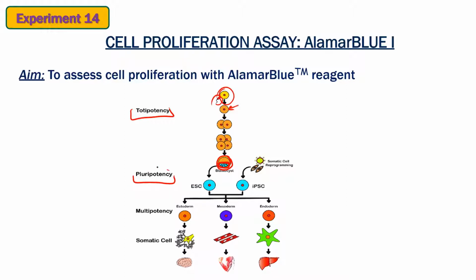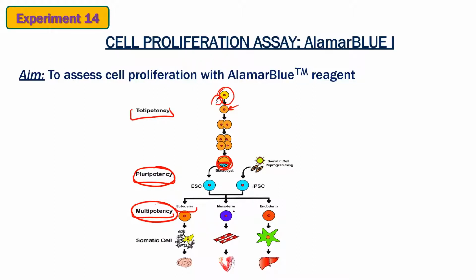So these pluripotent stem cells, they produce multipotent stem cells, and multipotent stem cells, they only give rise to a very narrow range of the cells that are related to the same tissue. So in this case, the multipotent stem cells, they are progenitors.